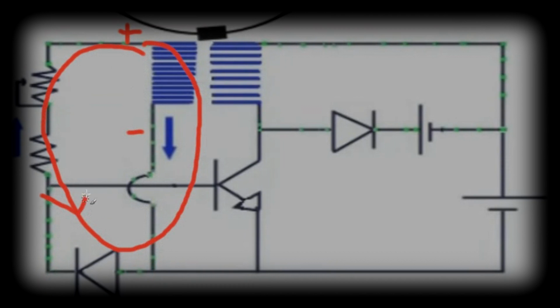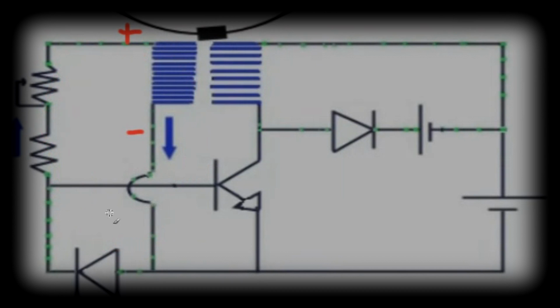So it's counterclockwise. Any positive potential that can reach one side of the coil to the other will short itself out and not do anything. You'll lose that potential.